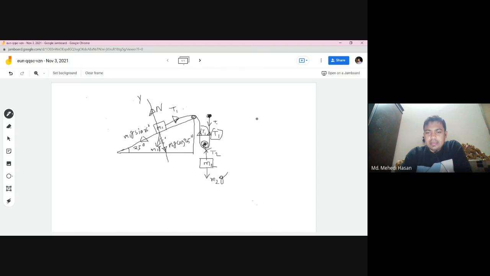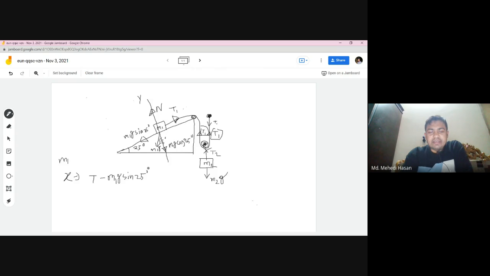Then let's go to the solution of this problem. Along the x-axis for the M1 object, it's T minus M1 g sine 25 degree.